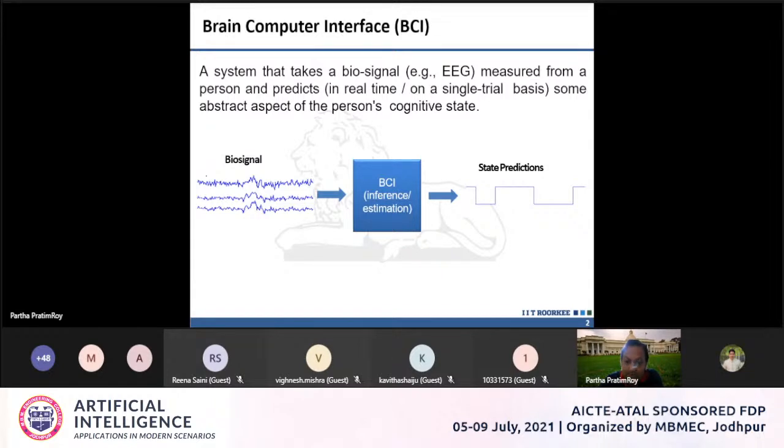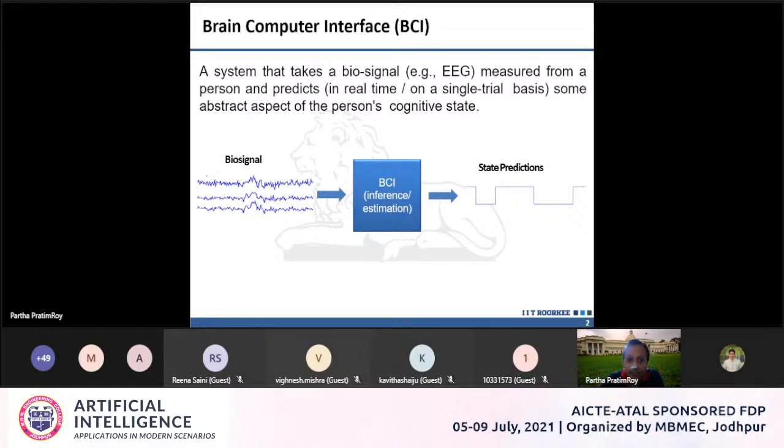Similarly, internally, from muscle movements or something, there will be some stimulus, based on which the brain reacts. How the neurons in the brain react will reflect the state of the brain.